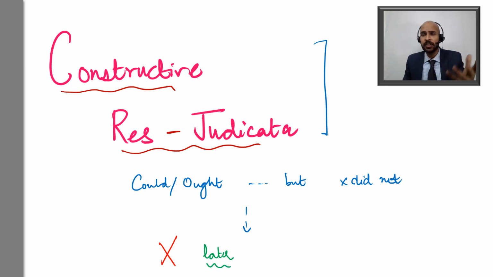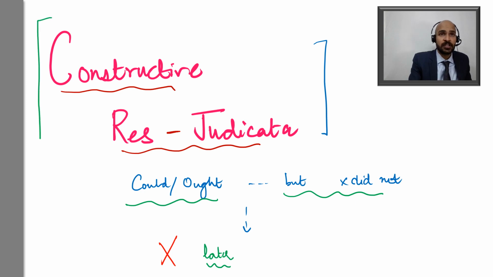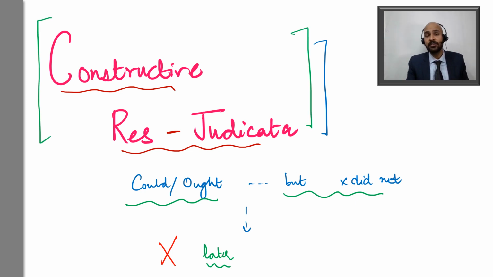Let us say somebody owed you a pen, a bottle of ink, and also some paper. And you were required and you could have stated all of these in your plaint. But you only spoke about the ink and forgot the rest. So the rule of constructive res judicata prevents you from being able to state these later.